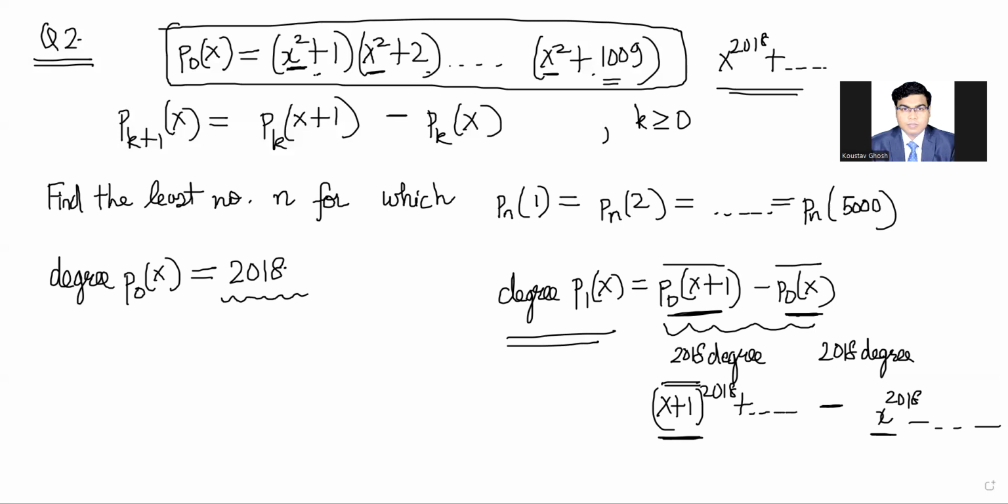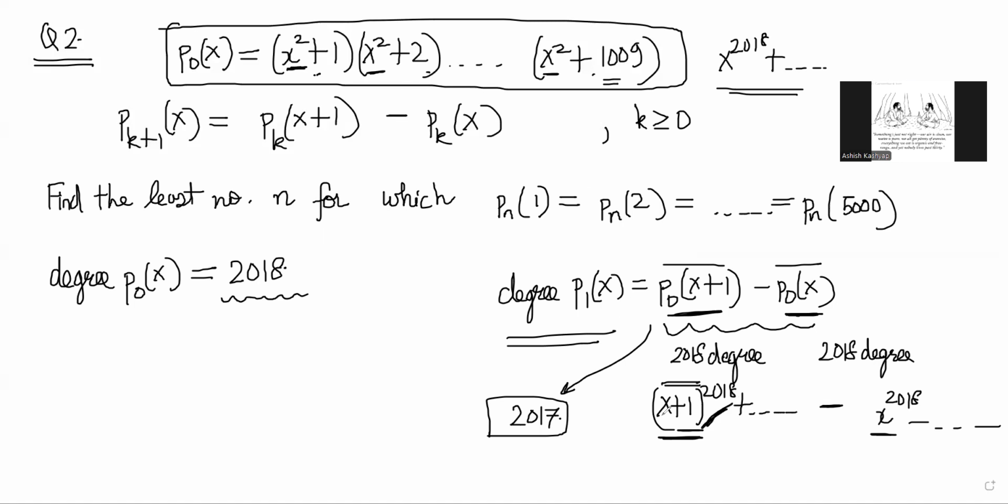Is everyone understanding what I'm saying? Basically, the degree will come out to be 2017, no? Because the next highest term here is x power 2017. And there the coefficients will not be the same, because you will have to leave some factors.